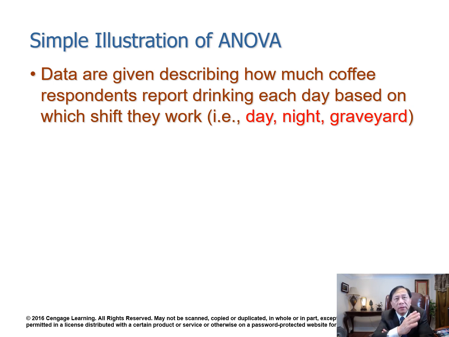But we want to see if the number of coffees consumed by, say, the graveyard shift or night shift is more than the day shift. Or in other words, if people are relying on coffee, the caffeine, to keep them awake during the night shift or graveyard shift. So when we compare that, there are three groups to compare: day, night, graveyard.